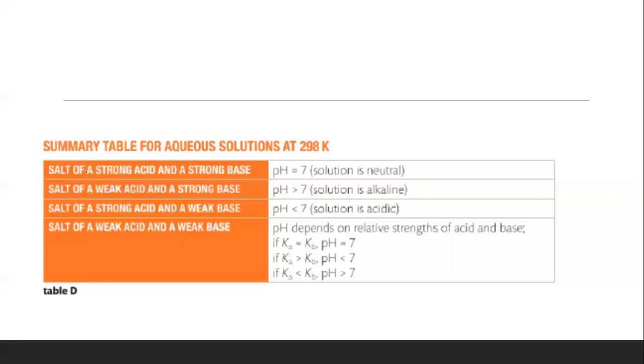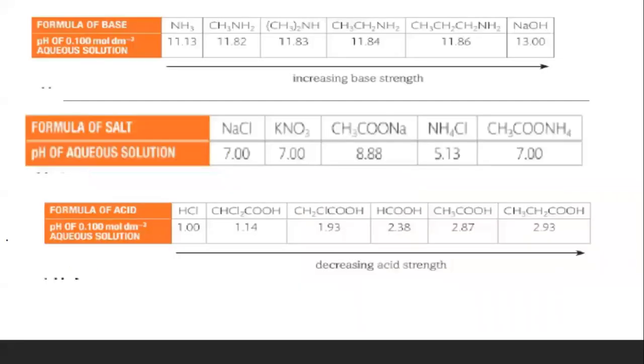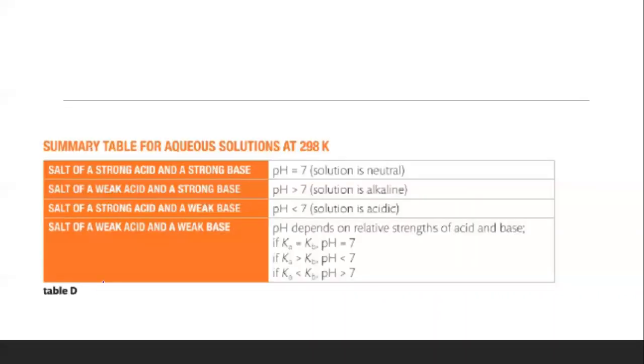So when we talk about our salts, how will we know the pH of the salts? So please learn this table. If you have a strong acid and a strong base, right now we're going to do titrations. So when you're doing a titration of a strong acid and a strong base, the salt that you will make is going to be a neutral salt and it will have a pH of 7.